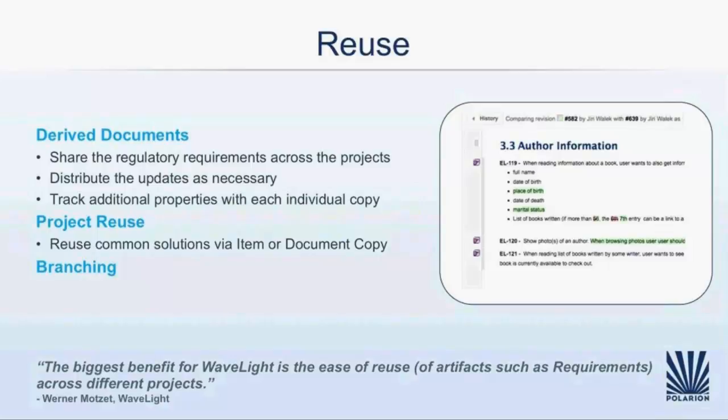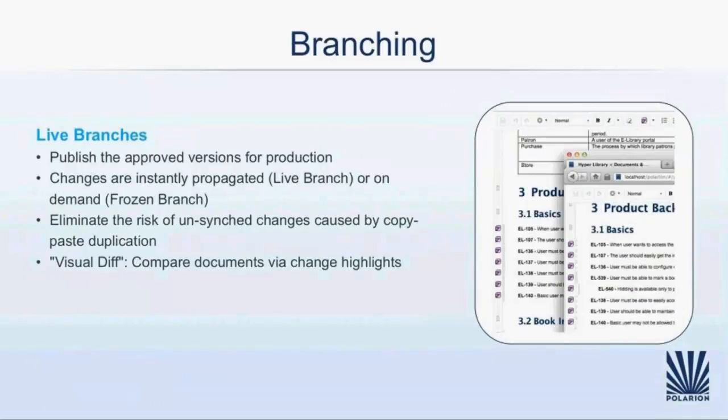Last is branching of requirements and test specification documents for different versions or different variants of your components. Branching is similar, but also kind of unique in Polarion compared to other solutions. You can use branches similarly to how you use branching in a version control management system, I mean, like in Subversion, to publish important milestones. You do not differentiate between branching and tagging.